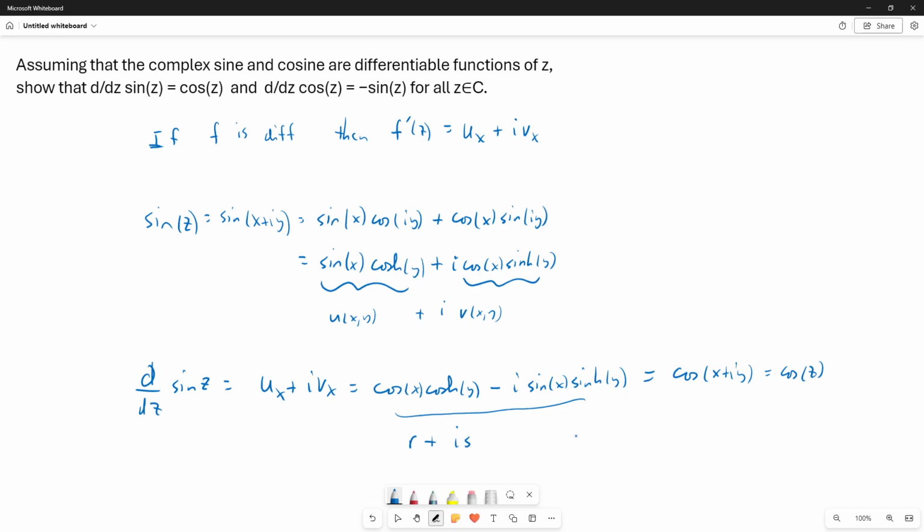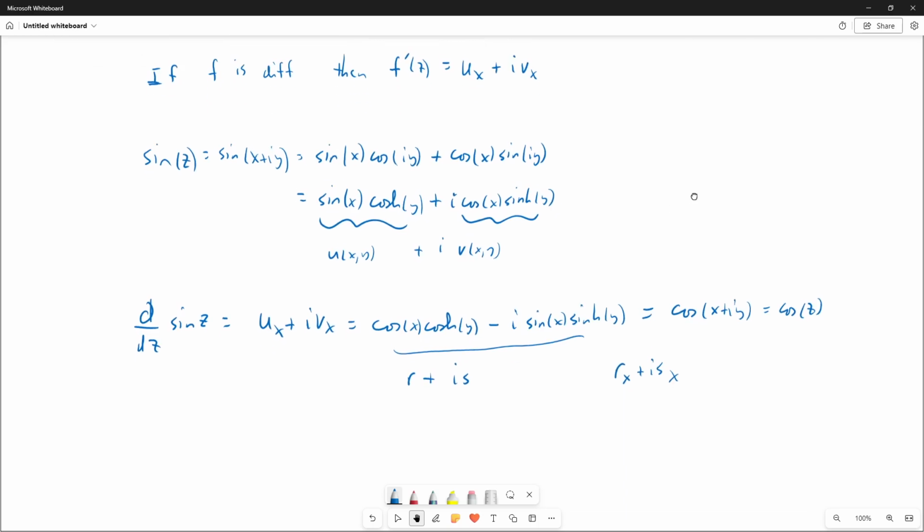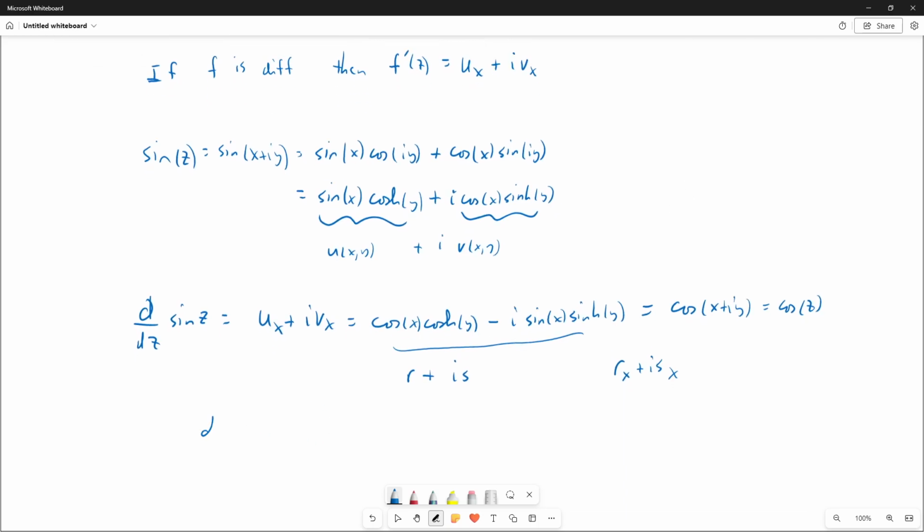The derivative is r sub x plus i s sub x. So the derivative of cosine z is the derivative of this real part with respect to x. That's negative sine x cosh y.